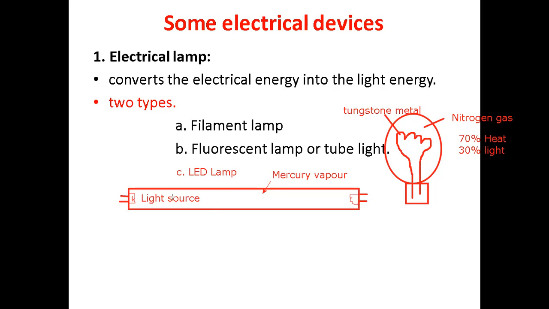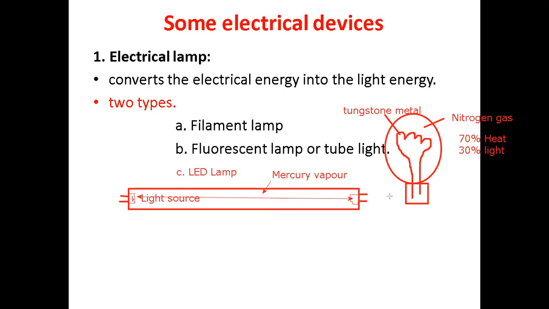From one end to the other end, light is transferred and the whole tube becomes glowing. The whole mercury vapor is glowing and it gives more light.